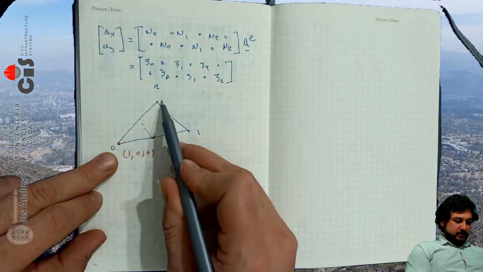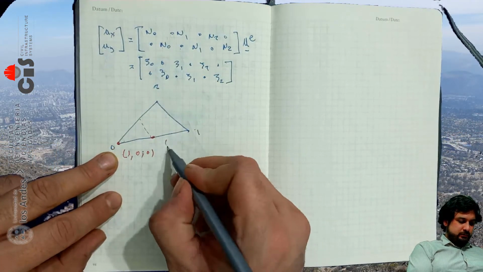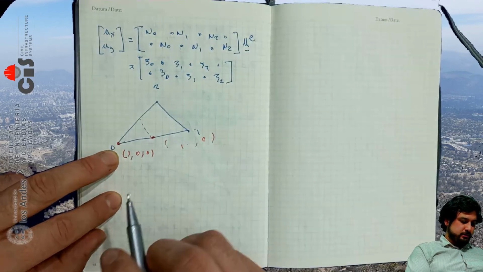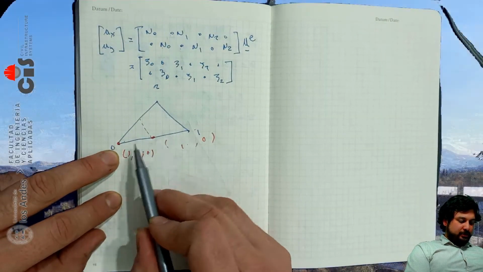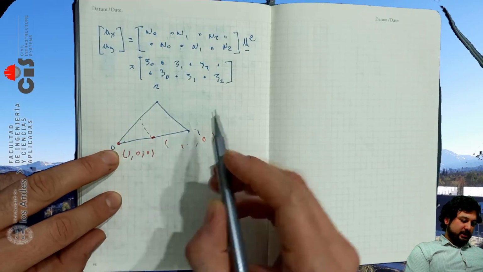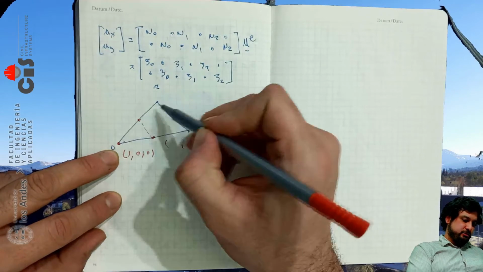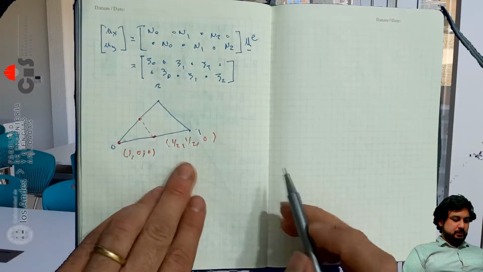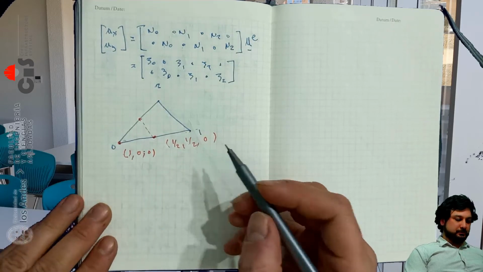So the zeta 2 coordinate of that point is going to be 0 because I'm in the opposing edge. So this one is 0. And the other two are going to be halfway between this edge and this edge. So these two edges define it. So it's going to be half and half. Remember, these have to add up to 1.